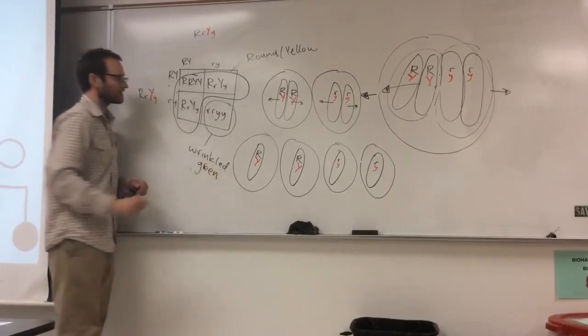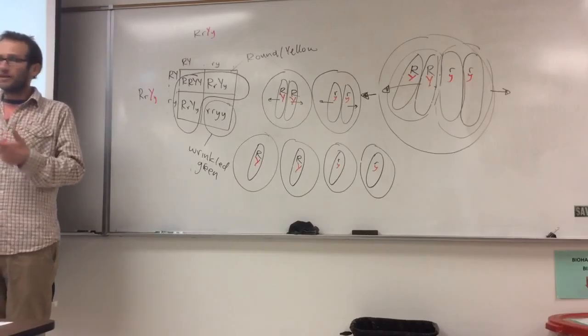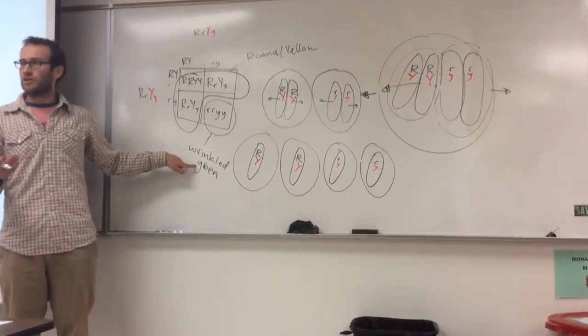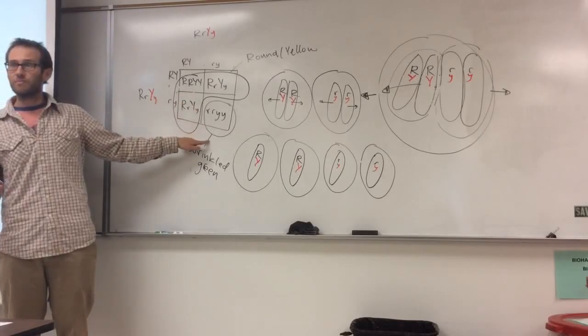What about this square? These are wrinkled and green. And what frequencies then would you recover? Like what would the offspring look like? Round yellow, wrinkled green, and in what frequencies? 3 to 1.